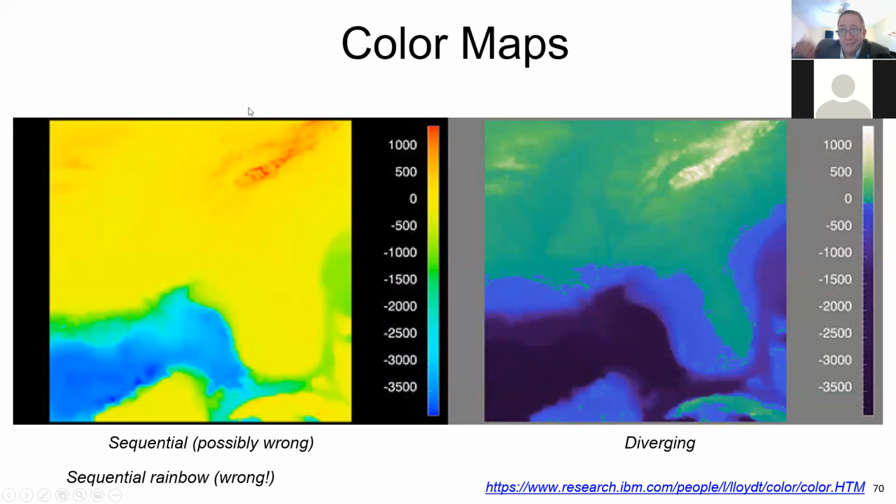You will see this band right here where the green is, which may be nothing at all. That's not that important to you. I want to know where Florida is versus the ocean. And I want to know where certain mountain ranges are. That's why we do divergent.